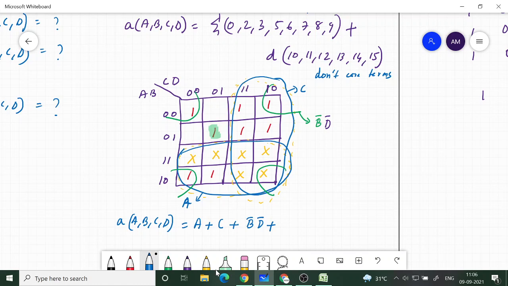Yes, sir. So which is that? Group of 2, sir. No, group of 4 is possible, right? Here, including don't cares. Yes, sir. That is the purpose of this example. You have to know what is don't care condition. So I can make a group of 4. Okay.